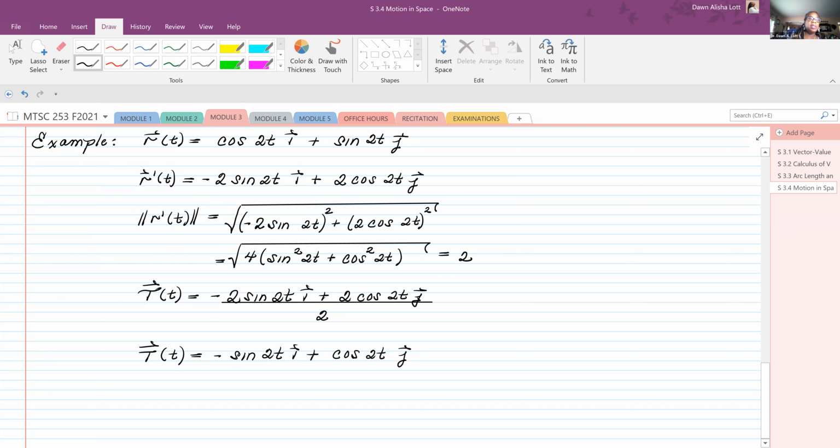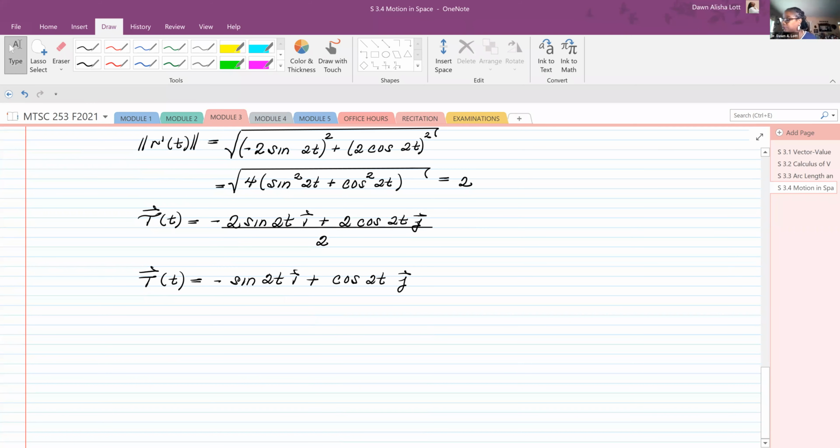Now we need to find the derivative of that. The derivative is negative cosine 2t, still negative, minus sine 2t.